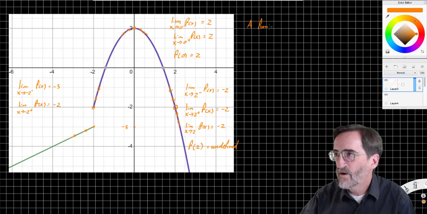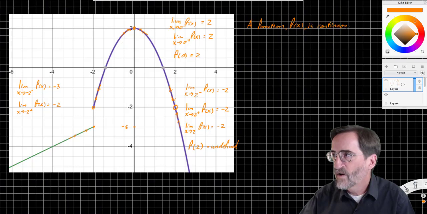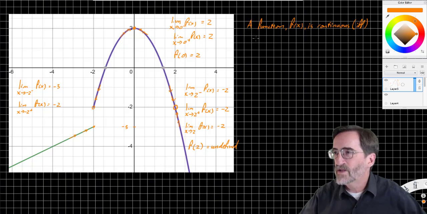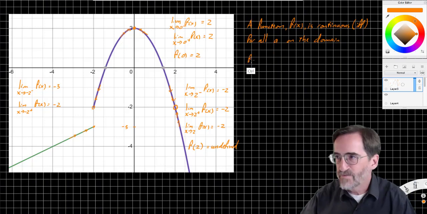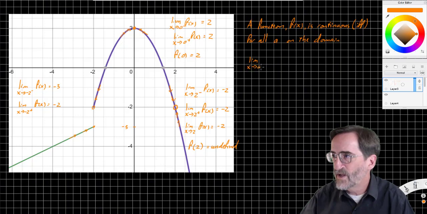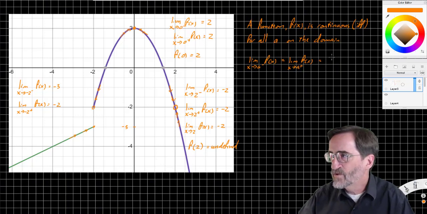A function f of x is continuous if and only if, that's iff, if and only if, that means this works both ways, for all A in the domain, the limit as x approaches A of f of x from the left equals the limit of f of x as x approaches A from the right equals the function value of f at A, right?